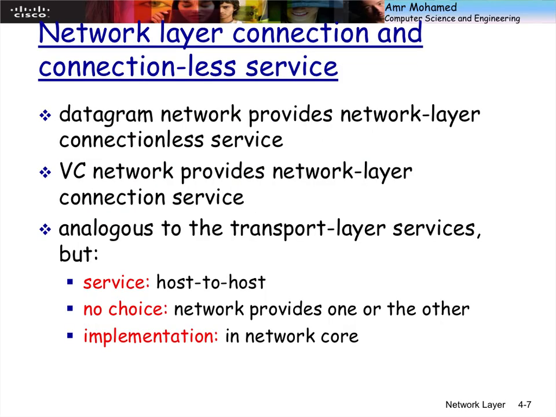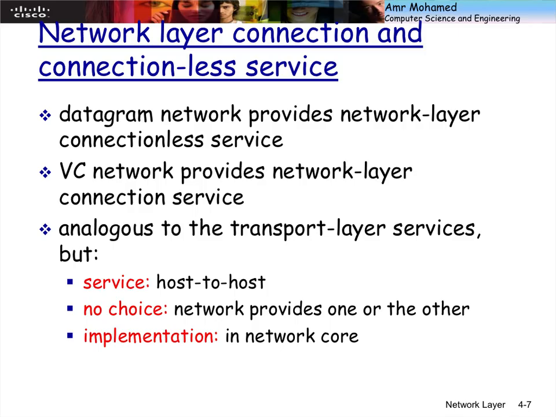So this is analogous in a way to when we talked about transport layer protocols, where we said that it's connection oriented versus connectionless. That's slightly different because in the transport layer we're talking about end application to end application. It's one end connection.